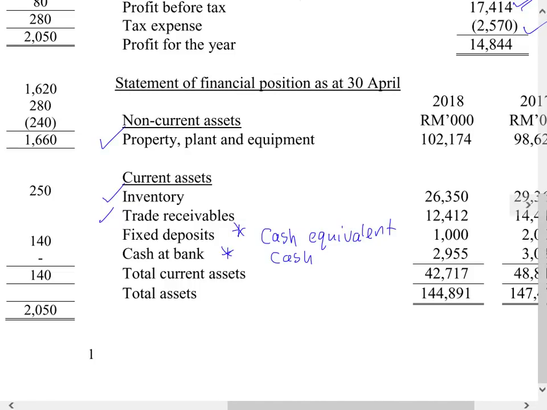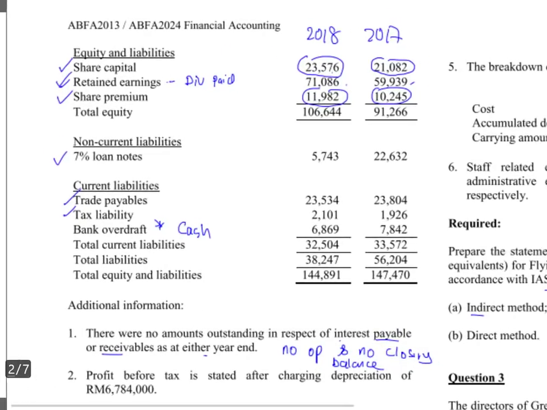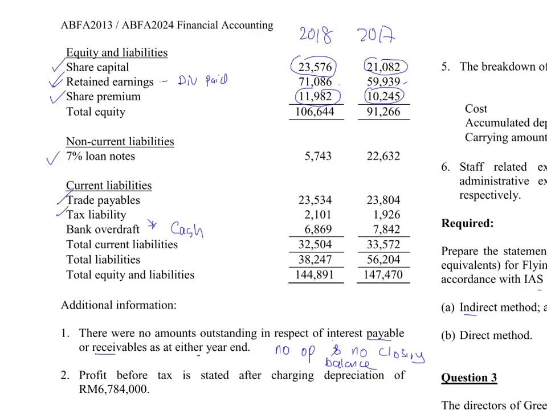So we have cash equivalent. These 2 haven't ticked. The other side, which one haven't ticked? Bank overdraft also haven't ticked, is an example of cash. Right? So these three, we show a note, compile them together.